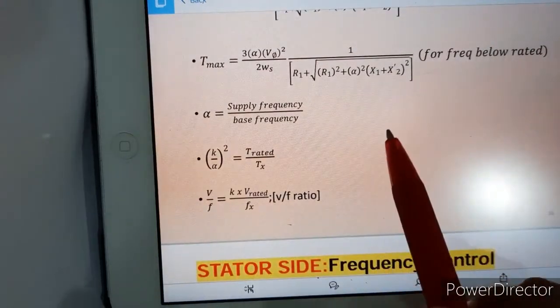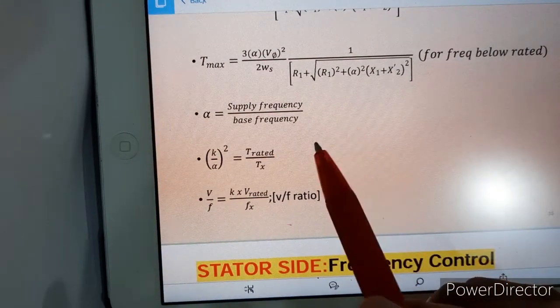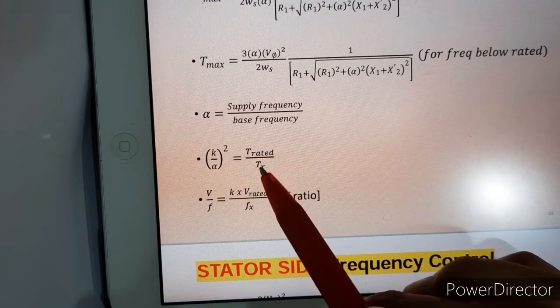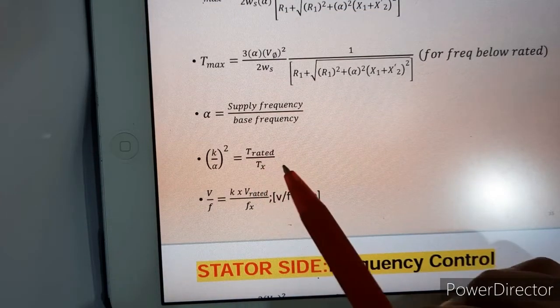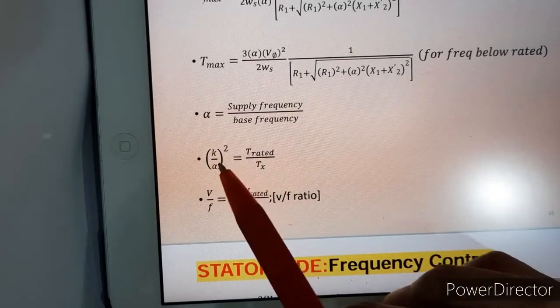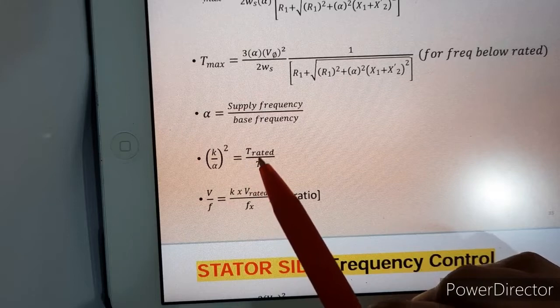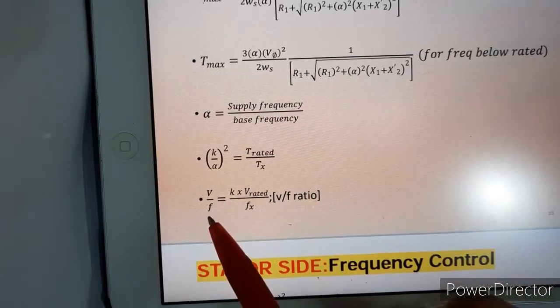Another equation is T rated over Tx, which is K over alpha in brackets squared, equals T rated over Tx.